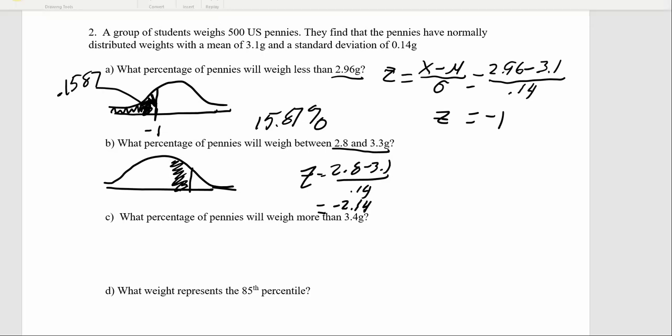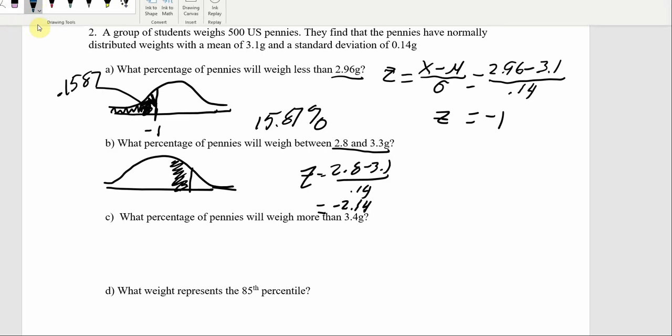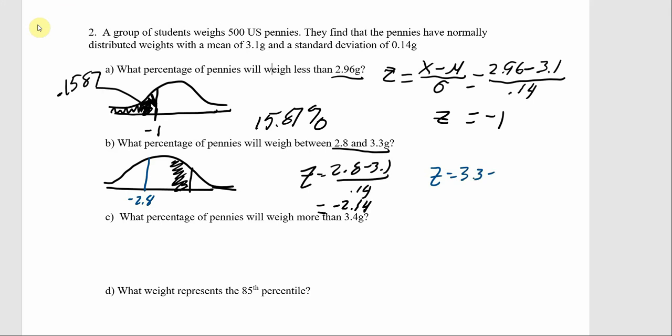All right, so let's go ahead now and put that on. So we're down here below the mean. And let's find the other z-score here. So z equals 3.3 minus 3.1 divided by our 0.14. And that z-score should be 1.43. So 1.43. And there's my shaded region. Now, how am I going to find this area? When I find this z-score, it's going to give me the area the whole way down to here.